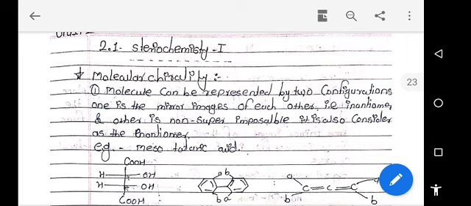Stereochemistry also helps identify molecules, meaning whether a molecule is optically active or inactive, which can be easily identified by applying the various concepts of stereochemistry. If a molecule has a plane of symmetry or axis of symmetry, then we can say that the particular molecule is not optically active.